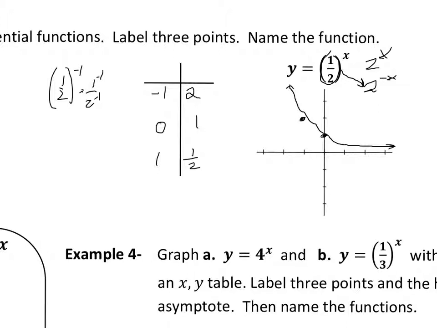So that's why that's a y-axis reflection. 1/2 to the x or 2 to the -x are equivalent expressions. They're the same thing. Because again, 2 to the -x is 1 over 2 to the x, or you can rewrite that as 1/2 to the x there.